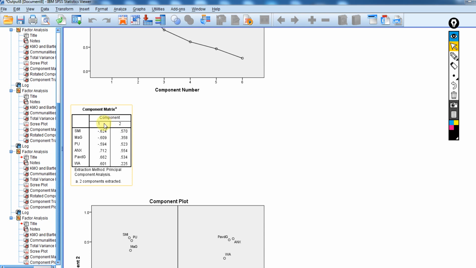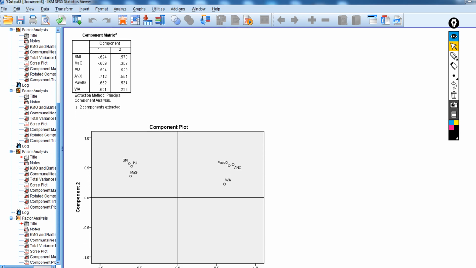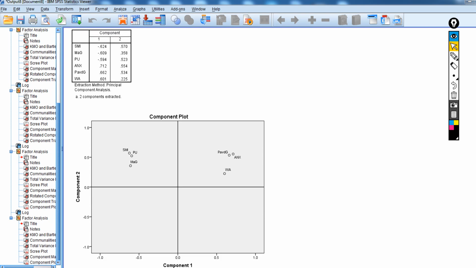The component matrix can be summarized visually in this component plot right here. You've got component 1 along the x-axis, component 2 along the y. At the center, you have a 0 on component 1 and a 0 on component 2, and the range is from -1 to +1 on both components.